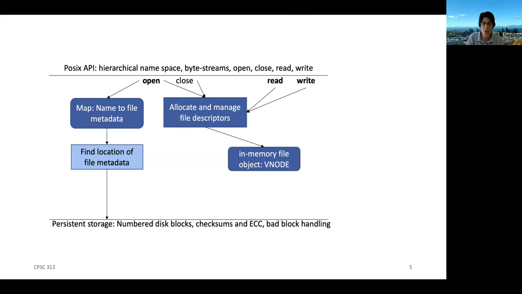And so one of the key things we need to do between this memory object and the disk is figure out these offsets that we're thinking about in the file. How do they correspond to disk blocks? And so to do that, this in-memory object is going to contain somehow a mapping.